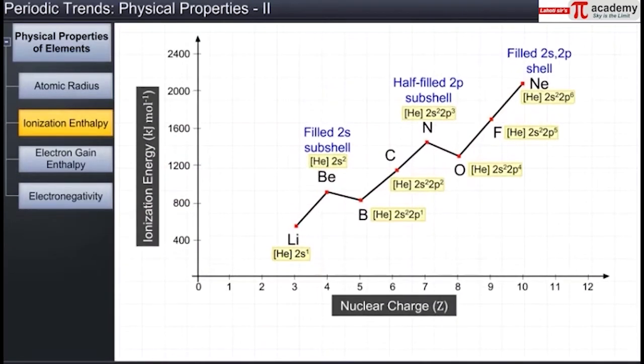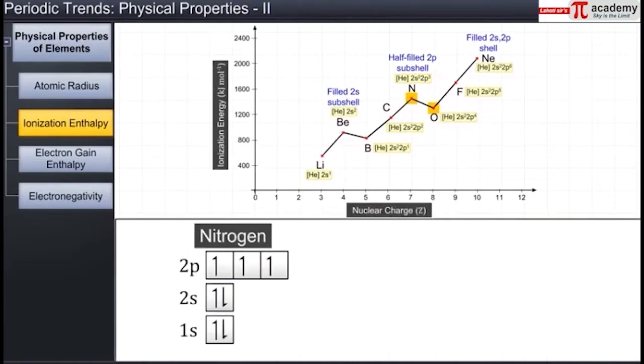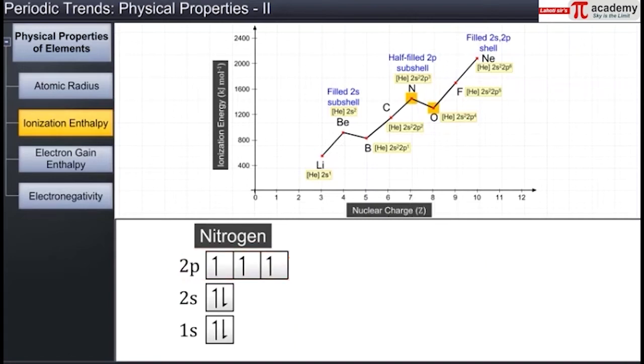The other anomaly is the smaller first ionization enthalpy of oxygen as compared to nitrogen. In the case of nitrogen, the three 2p electrons reside in different atomic orbitals in accordance with Hund's rule. The half-filled orbitals confer extra stability to the nitrogen atom.